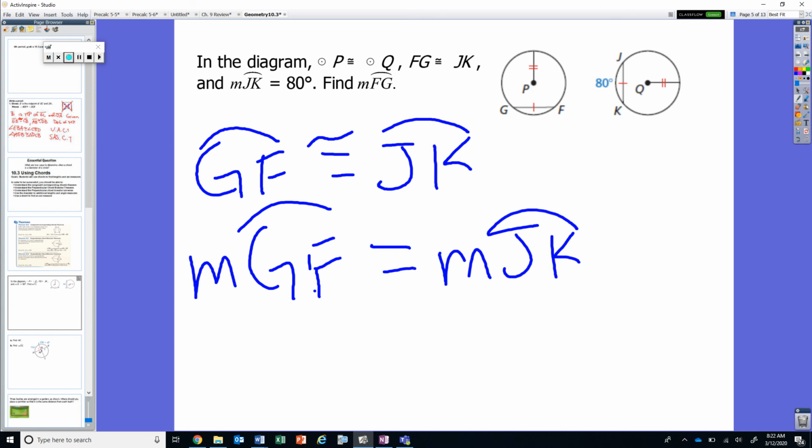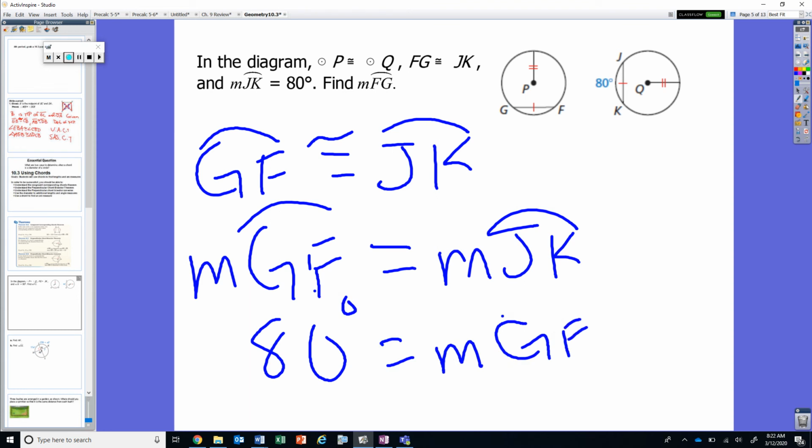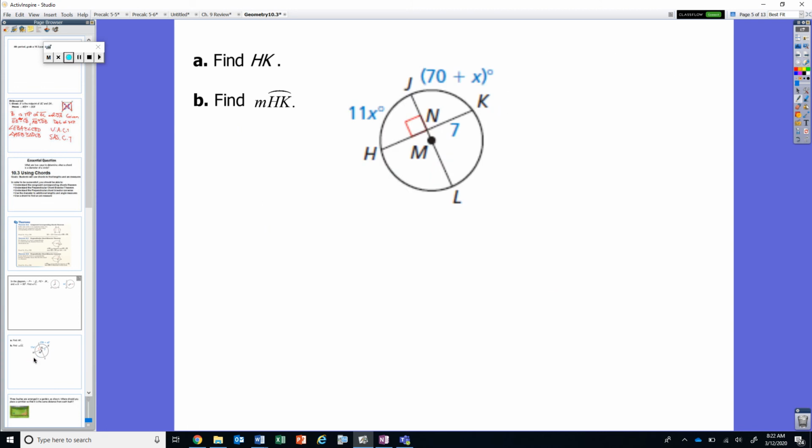And so that means that if JK equals 80 degrees, so does the measure of GF. And so in its most simplest context, that's how we utilize this theorem here. Now, of course, ultimately, we can make it a little bit more intense in the end.